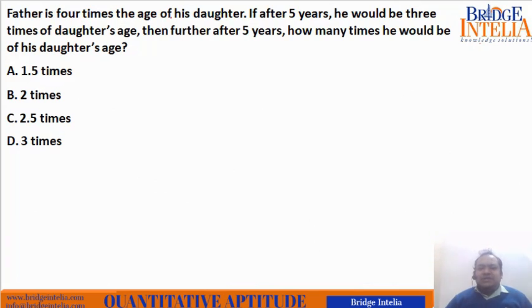Father is 4 times the age of his daughter. So there is a daughter and then there is a father. What is being said? Father is 4 times the age of his daughter. So as of today, you can assume their ages to be x and 4 times, so 4x.